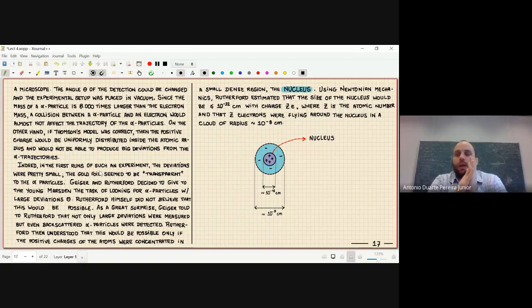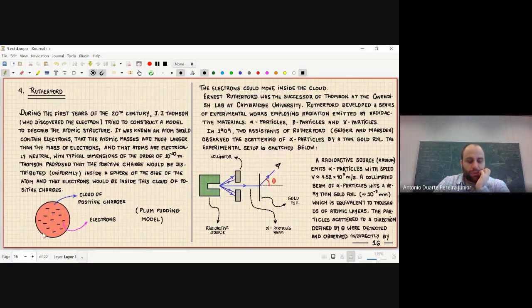Okay, so Thomson discovered the electron, and he proposed an atomic model. So he proposed that an atom should be formed by electrons and some positive charges. Okay, he proposed the atom to be like that. So far we are not talking about photons.